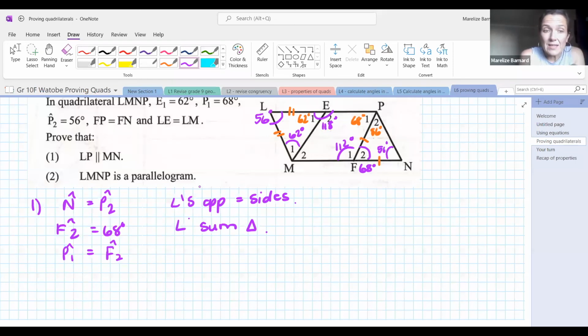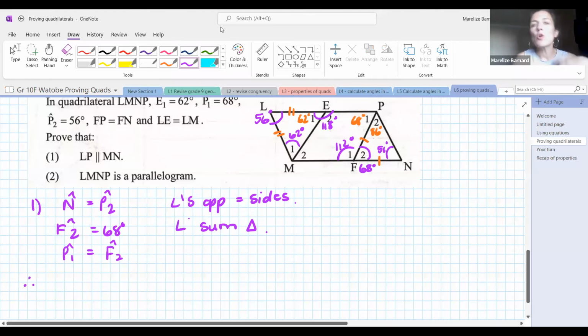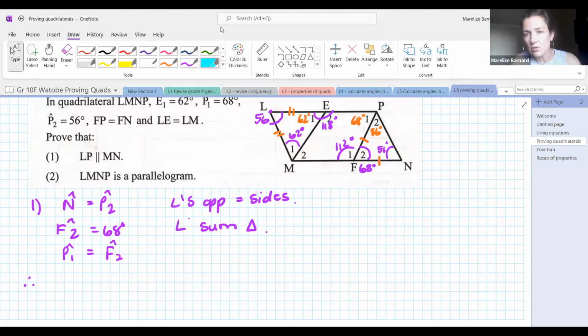So P1 is equal to F2. You see how we got there using other geometry. And now we notice that P1 and F2 are actually alternate angles. So now we can say that because these alternate angles are equal, LP is parallel to MN.